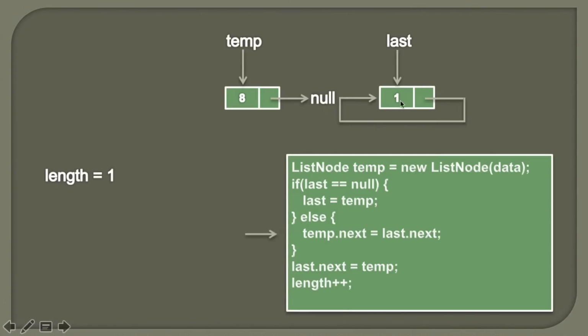So here if you see last.next is pointing to the last node itself. And we want to insert this node just before this. Therefore, we need to assign the value of last.next to temp.next. So it looks something like this. So now temp.next is pointing to last.next. Moving ahead.